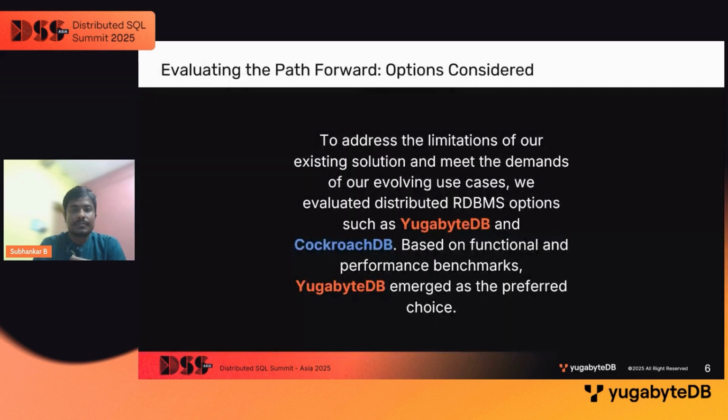So for this, we chose two databases, YugabyteDB and CockroachDB. And we have done separate benchmarking on both of the databases. On Yugabyte and Cockroach, primary key related queries are really fast. We have seen that. And with the introduction of additional secondary indexes, we have seen the ingestion rate drop really fast.